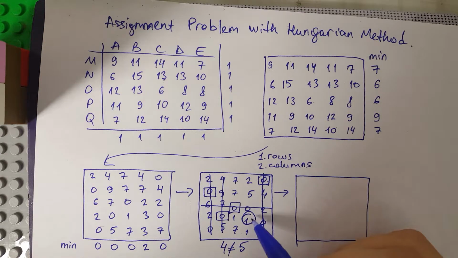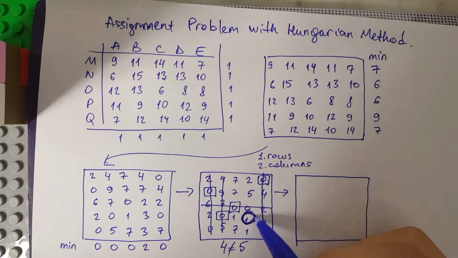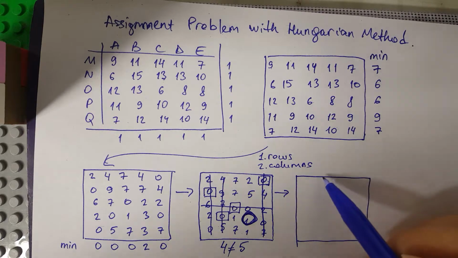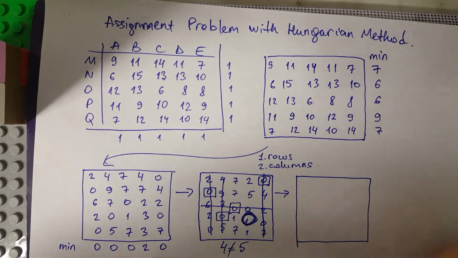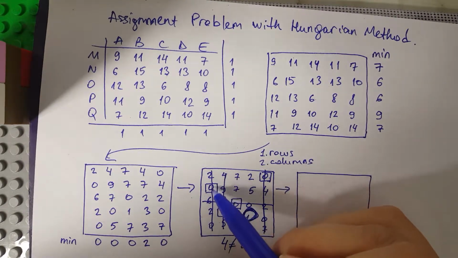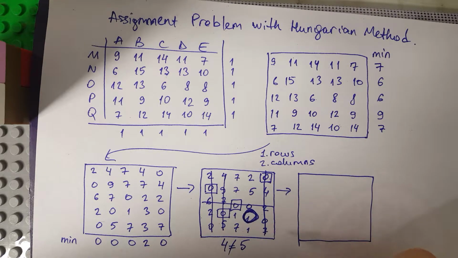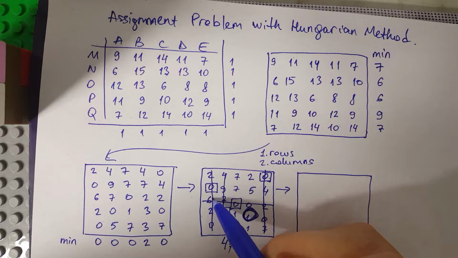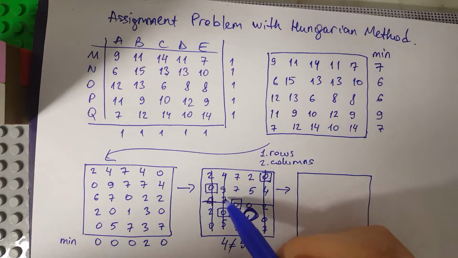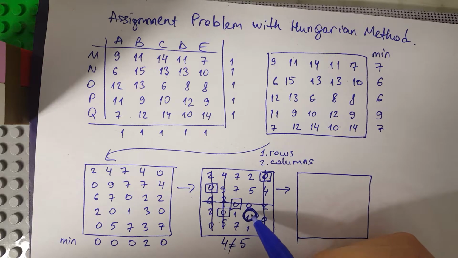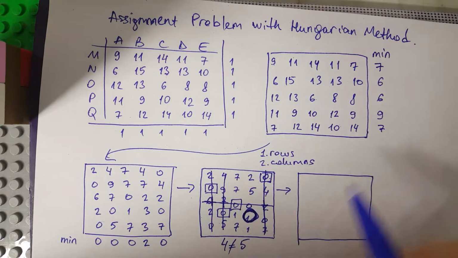Let's circle this one, circle the minimum value. While making up this table, the numbers crossed with lines will stay the same, but the numbers at the intersections of two lines will be increased by 2. Wait, by 1. Yeah, sorry.